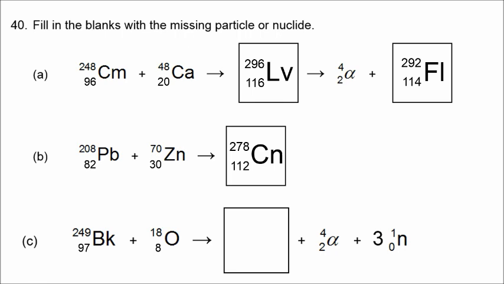So we don't want our number to be 267. It should be 260 to make the math work out, because we have 3 particles on the right. Now for the bottom number, we already have atomic number 2 for the alpha particle, and since 97 plus 8 is 105, we need our atomic number in the box to be 103, so the math works out. And the symbol for element number 103 is Lr for lawrencium.